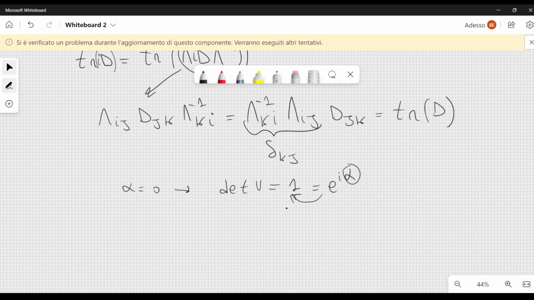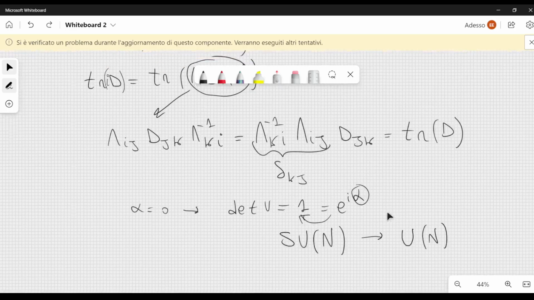And this group of matrices is called the special unitary group. So it depends on n, now because we are considering n by n matrices, and this word here, special, is used when alpha is equal to 0. Otherwise, there is the more generic word u of n. So it is just unitary but not special.